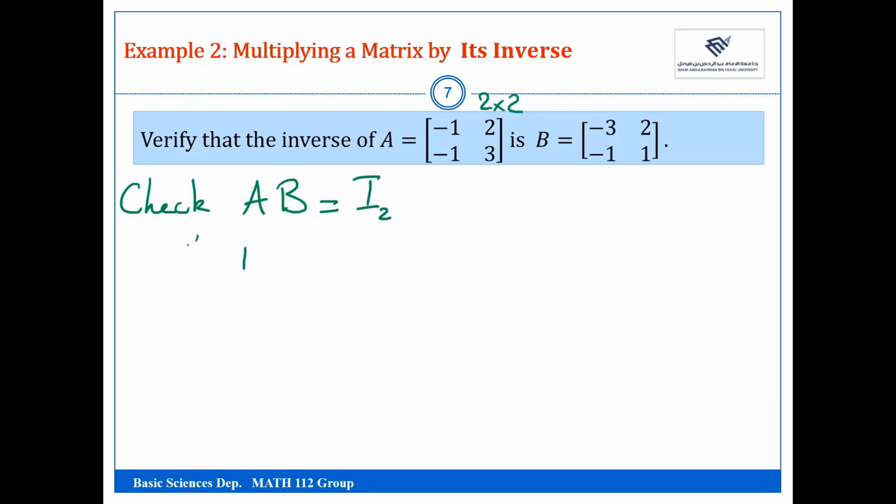And on the other side, we check that B times A equals the identity of order 2. If these two are fulfilled, then we say B is the inverse of A.